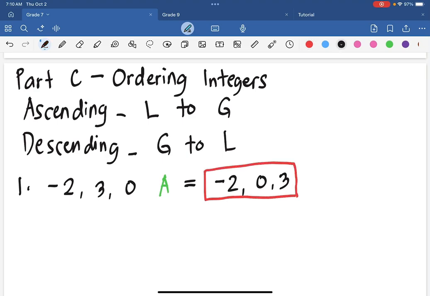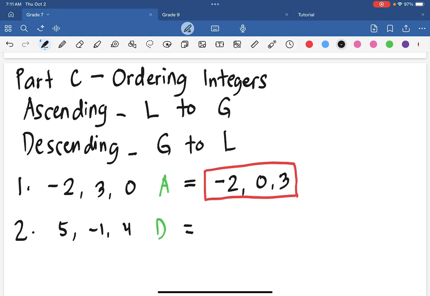Now, how about this one? So we have 5, -1, and 4 in descending order. So again, this is descending order, so greatest to least. If in ascending order we go from negative to 0 to positive numbers, this time, since it is descending, we need to start with the biggest number to the least one.